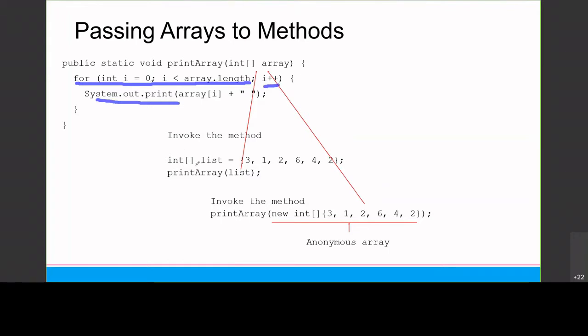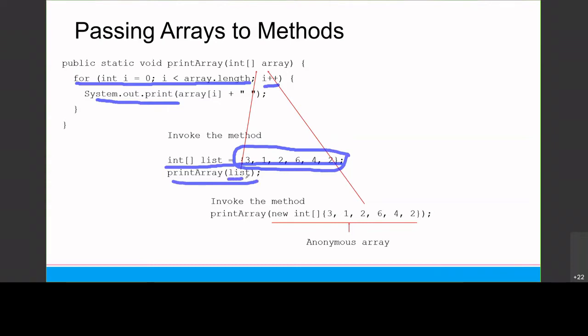And then you can see here, we have this one. It is an array, and we define the variable. If you still remember, we define it in one statement. Okay. So 3, 1, 2, 6, 4, 2. So we have 6 elements. And then after we have the 6 elements, we want to print the array.